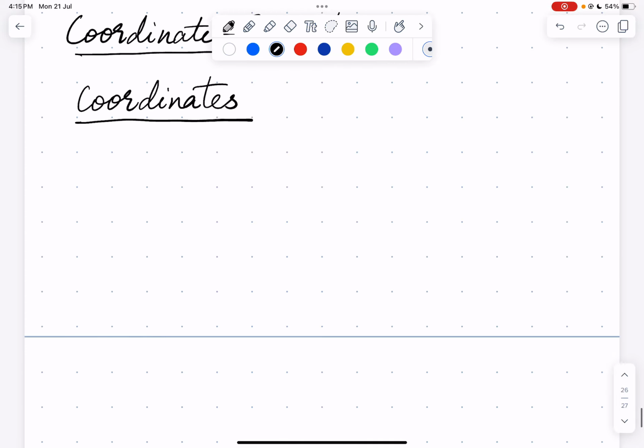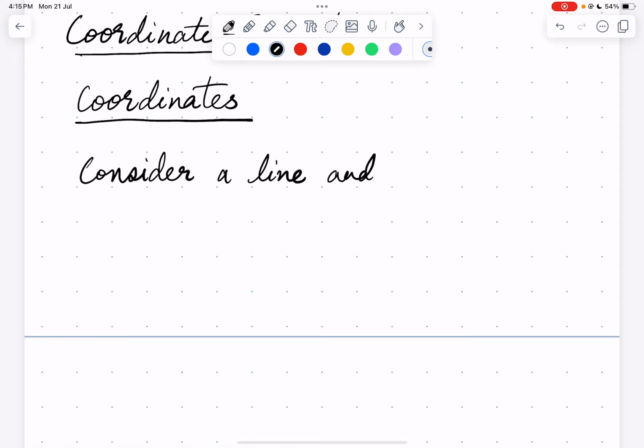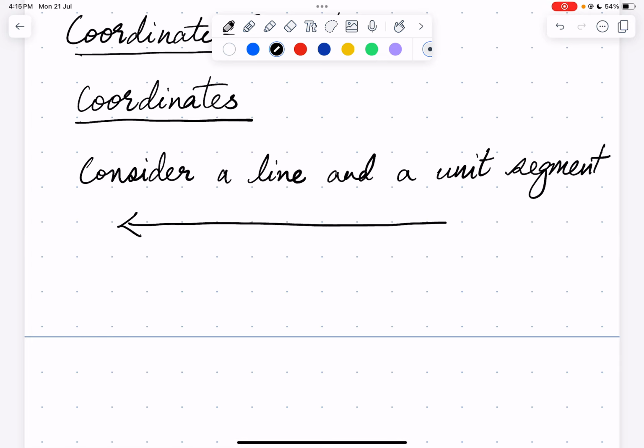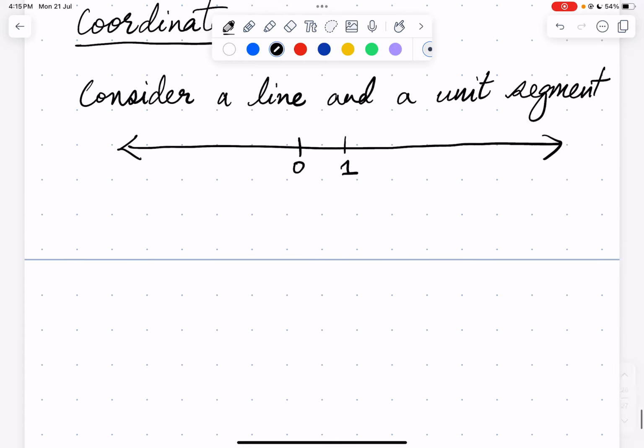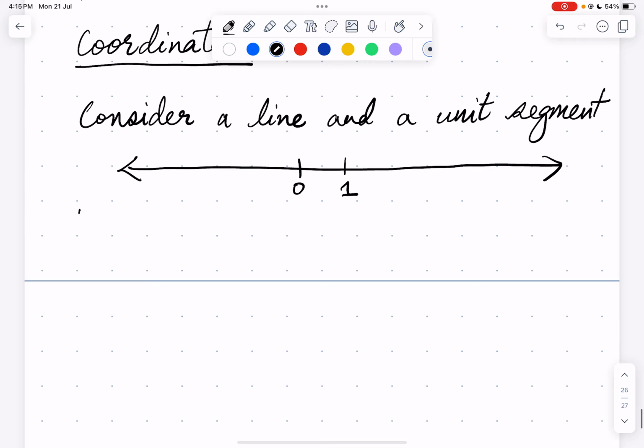So consider a line and a unit segment. So the standard line with a unit segment.